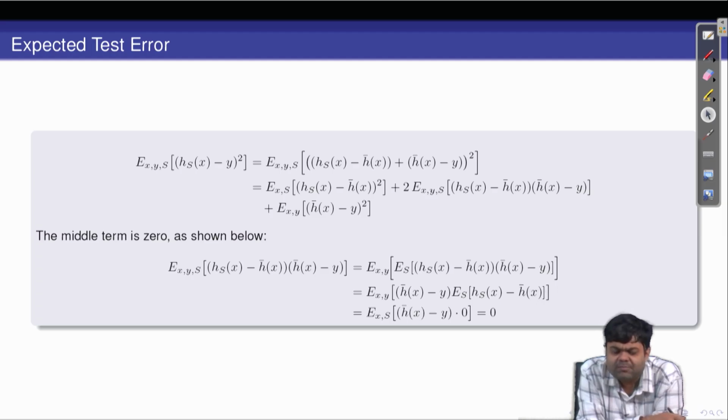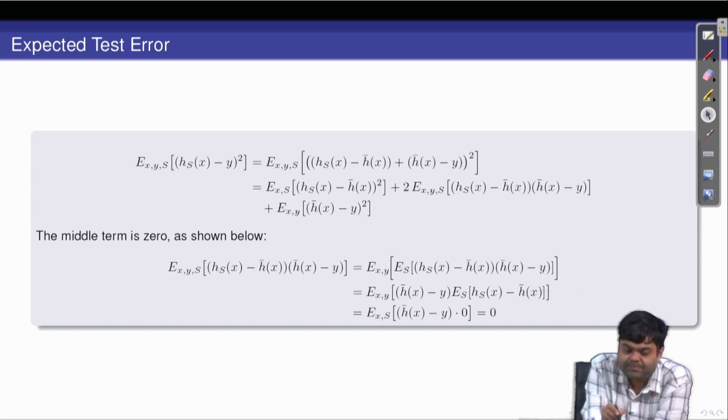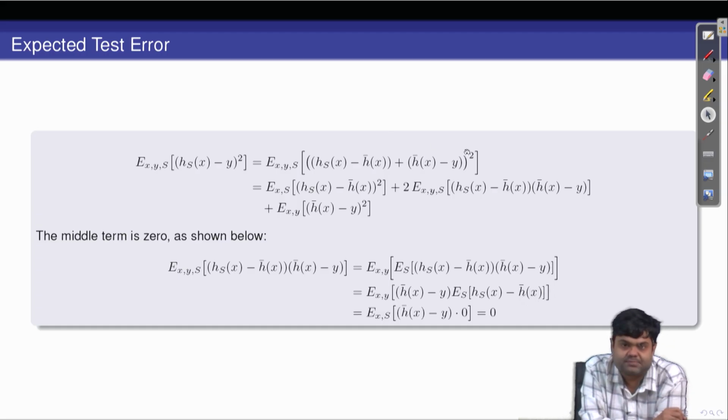Now, of course, you can use the age-old tactic of subtracting and adding. So, you subtract h bar x, that is the average predicted value, and if you subtract that, you have to add it back, and then you separate these things in an (a plus b) whole square formula.